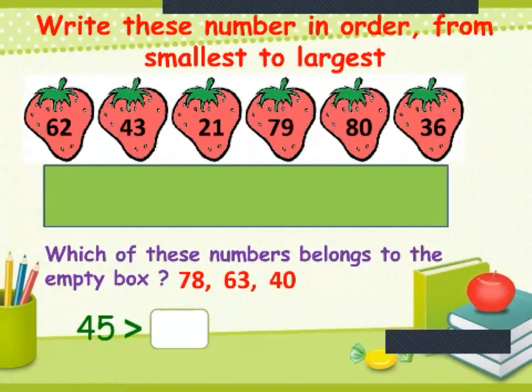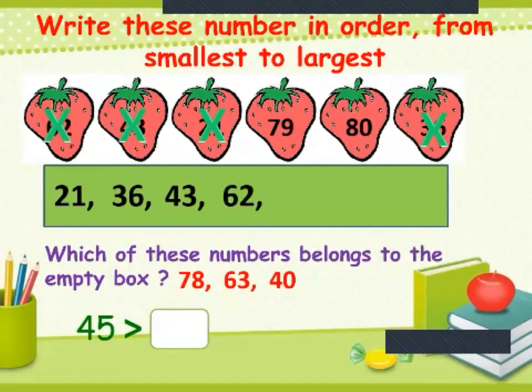Which is the small number in this? Yes, it's 21. Next, it's 36. The next number is 43. And the next number is 62. Then it's 79. And the last is 80.